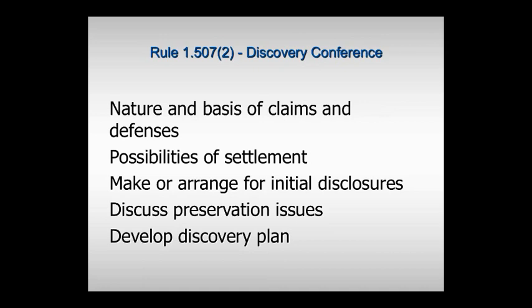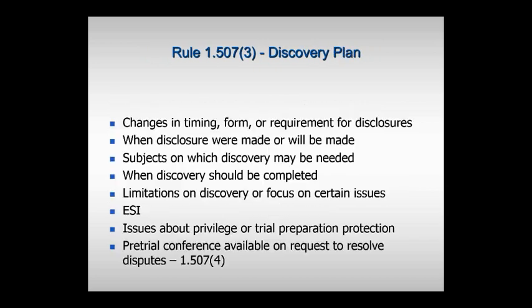And so the rule literally requires you to discuss these items at the discovery conference. The discovery plan has to consider these items in order to comply with the rule. In other words, you have to talk about ESI. You have to talk about what issues exist in your case with respect to privilege or trial preparation protections. If there's a dispute, you can seek a pretrial conference to resolve those disputes.